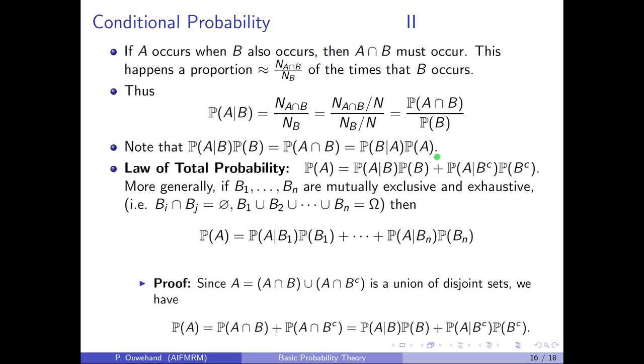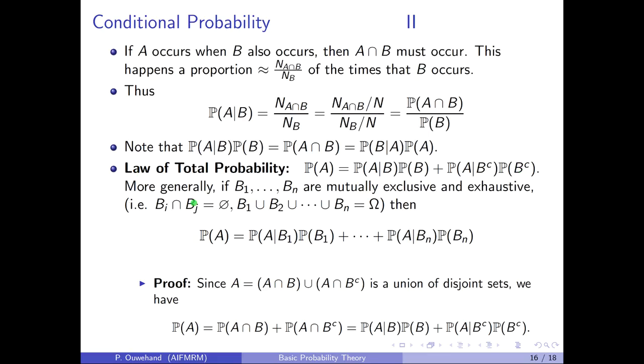We will now consider two important rules for computing probabilities. First, we have the law of total probability. The probability of an event A is the probability of A given B times the probability of B, plus the probability of A given B complement times the probability of B complement. Note here that B and B complement are mutually exclusive, in other words they are disjoint, and also that the union of B and B complement is the entire sample space omega, in other words that they are exhaustive.